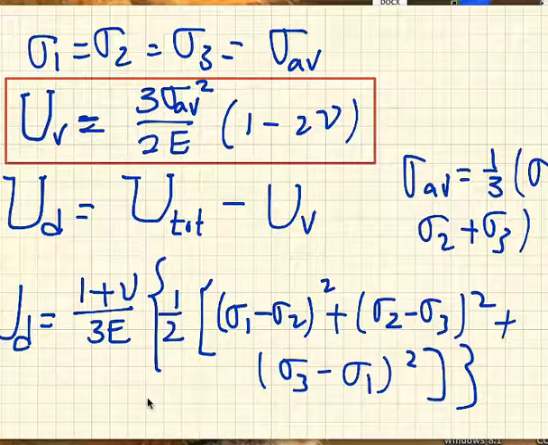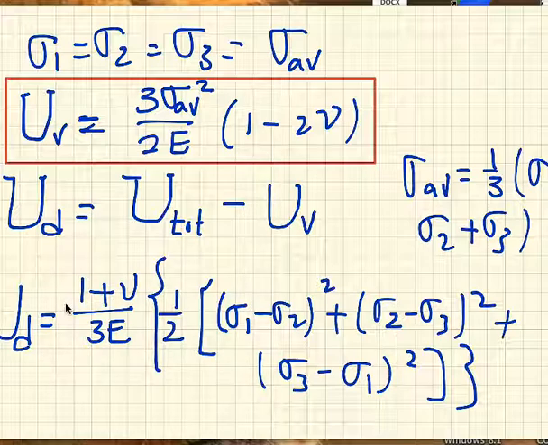And that is the energy stored in distortion. So that will be sufficient for us if we know what the critical value is.